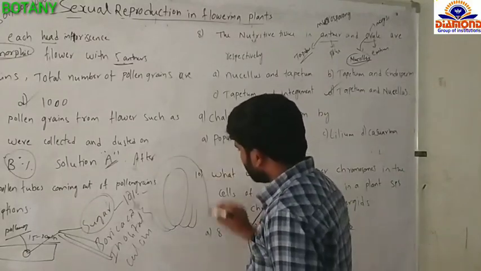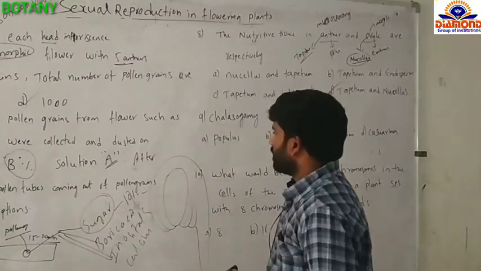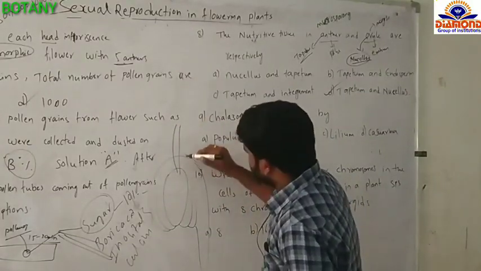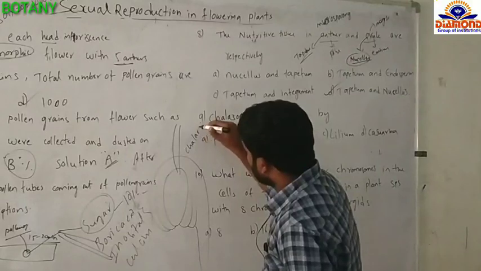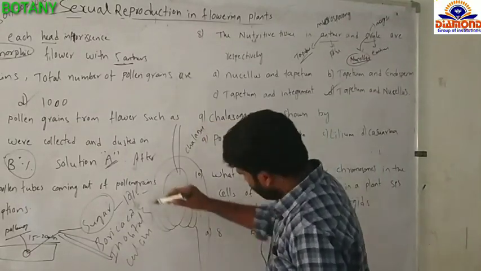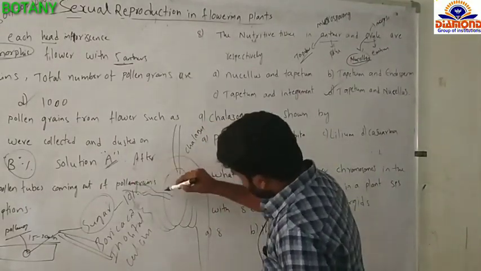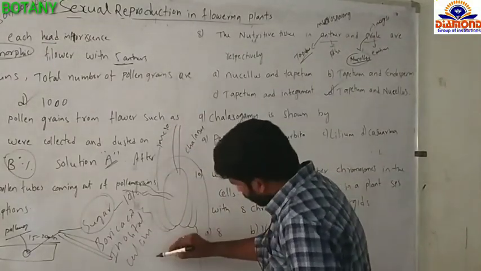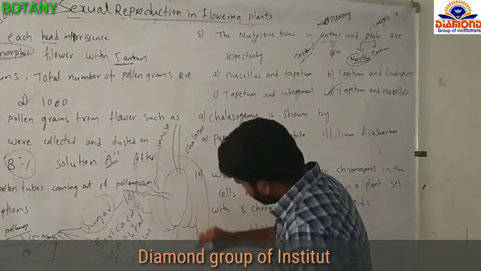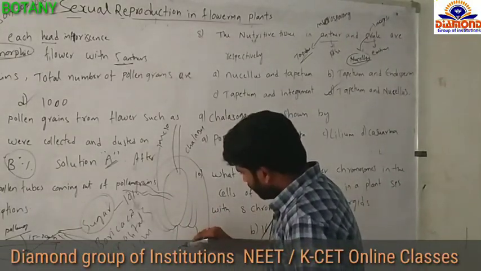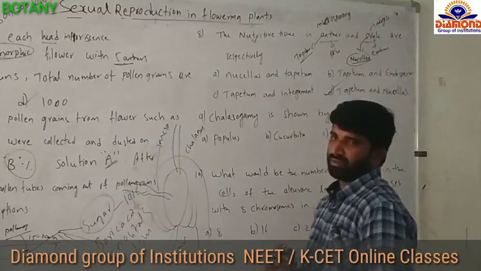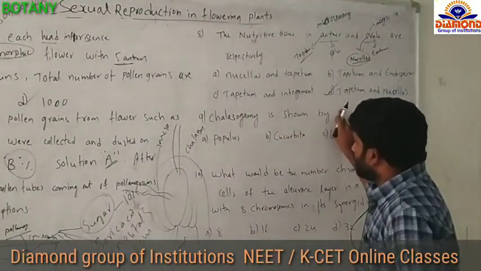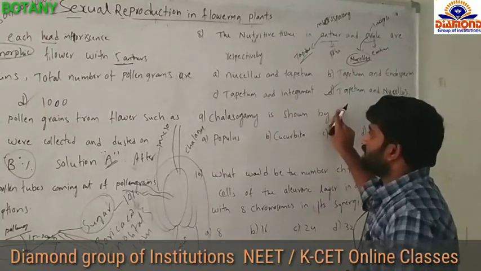Pollen tube entry through the chalazal part is called chalazogamy. Entry through the integument is called mesogamy. Entry through the micropyle is called porogamy. The question is asking about chalazogamy examples.